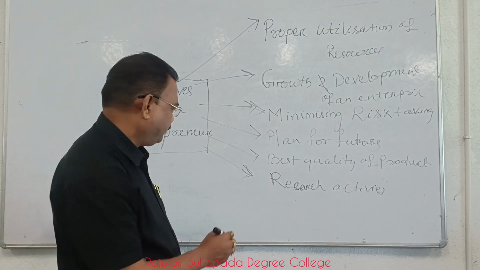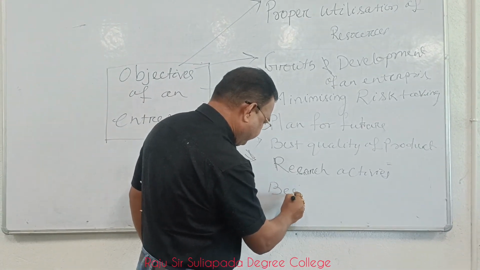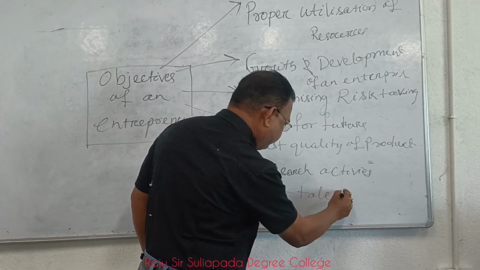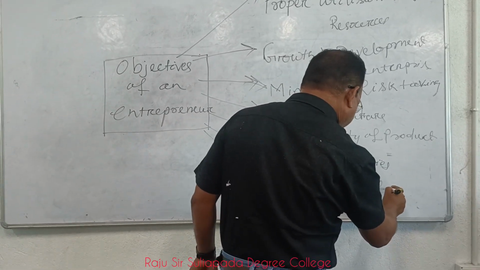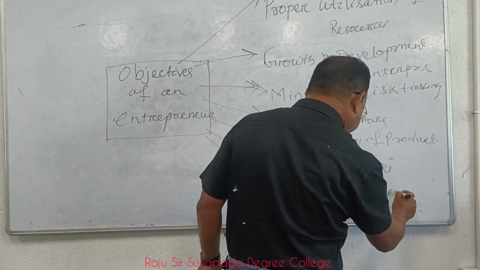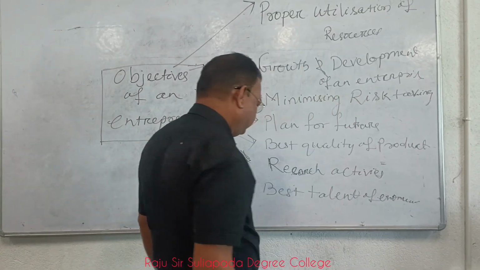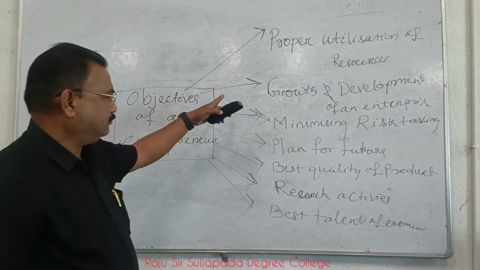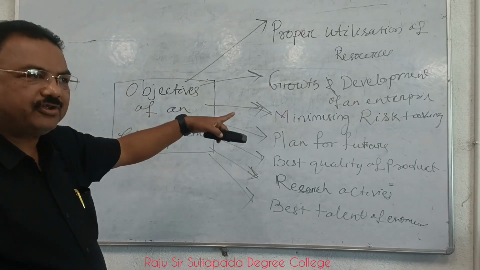Another point also is the best talent of an entrepreneur. These are the objectives of an entrepreneur in a flowchart.